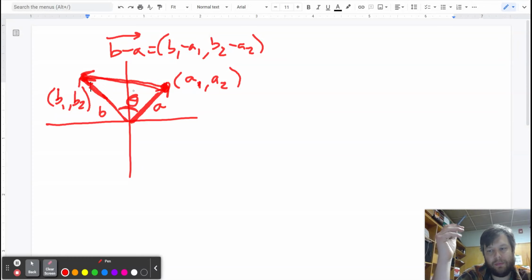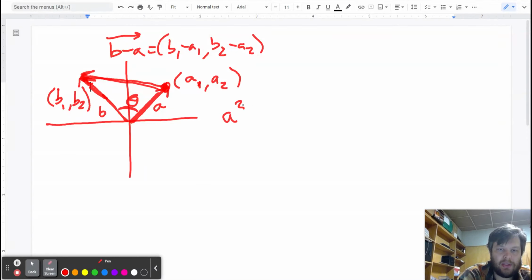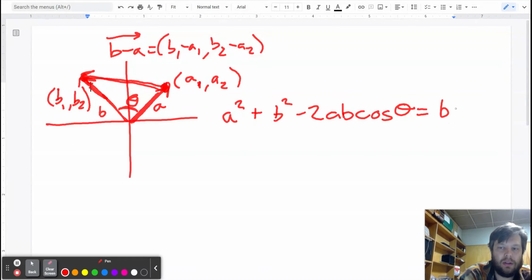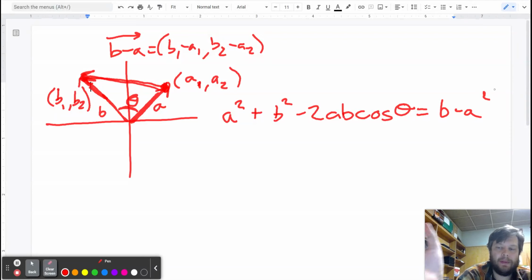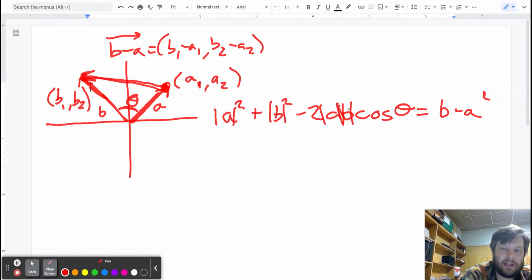What I know from the law of cosines, or the cosine rule, is that a squared plus b squared minus 2ab cosine theta is going to equal the length of b minus a, squared. You have to be really careful because the letters can get mixed up as vectors or as lengths here. When I'm talking about the cosine rule, I'm talking about actual lengths on a triangle, so I'm going to use the absolute value symbol to remind everybody that we're talking about lengths.